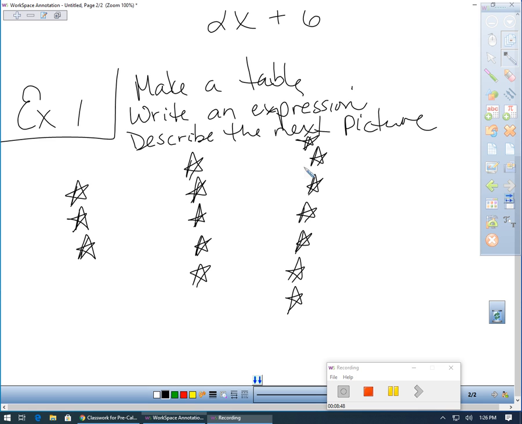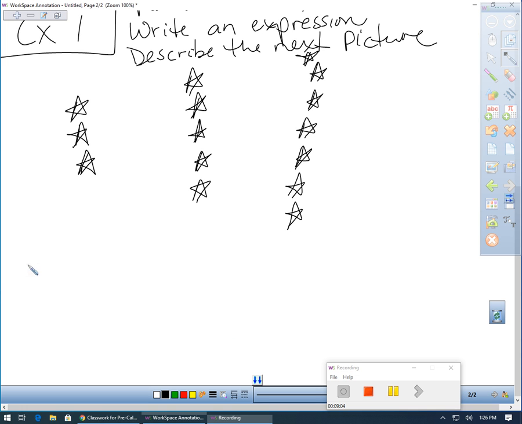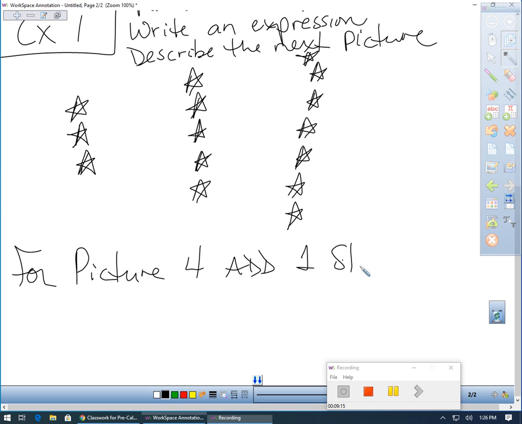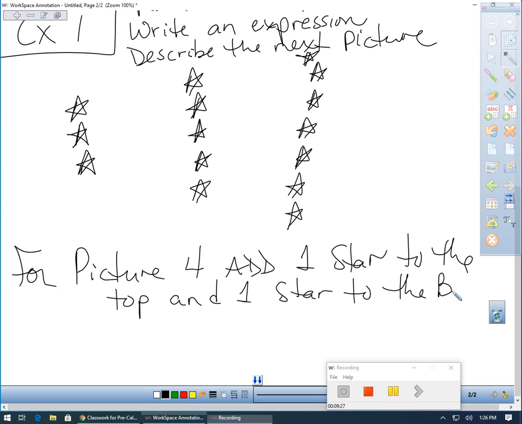Yeah, we're adding a star to each end, right? Top and the bottom. Okay. So that would be part of our answer for picture 4. Add 1 star to the top and 1 star to the bottom. Alright.